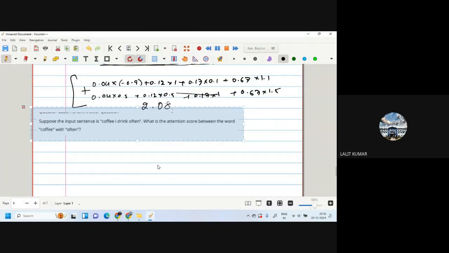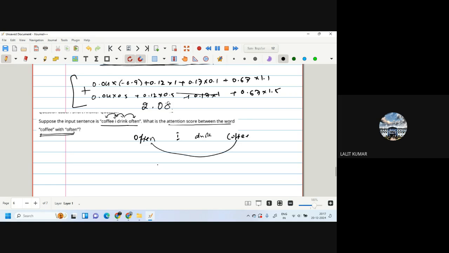Next question: suppose the input sentence is "coffee I drink often". Then what is the attention score between the word coffee and often? So now remember that whatever the combination of the words, the attention score between those words remains the same. Often might come here and coffee might go there, but the attention score will remain the same.